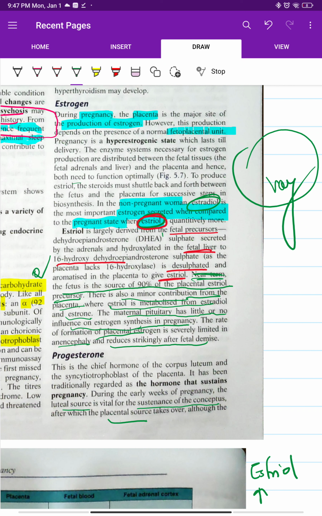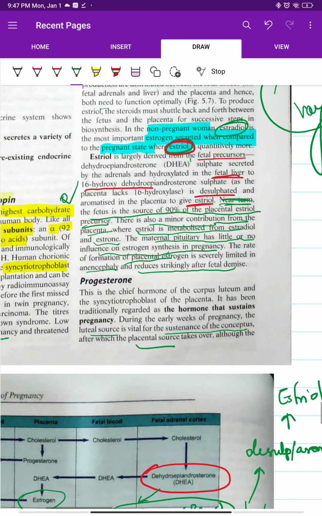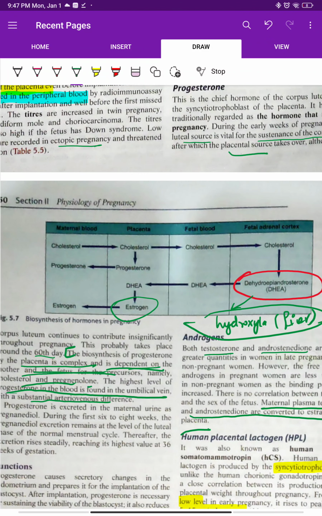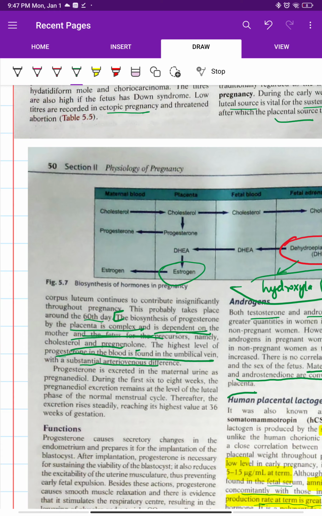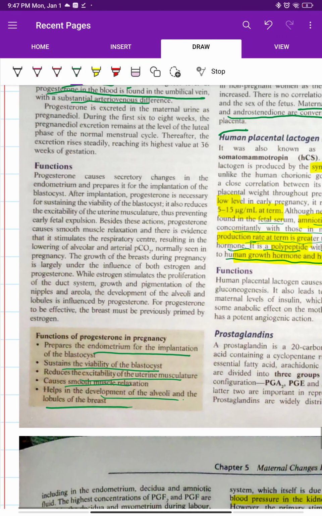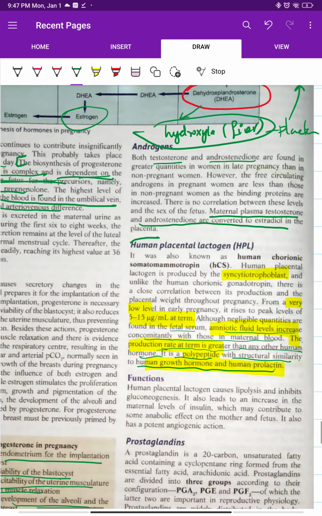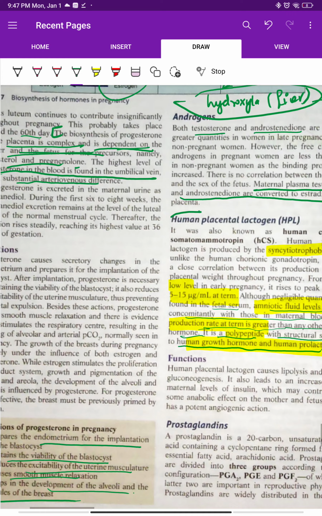Later on, after 6 to 8 weeks, the placenta, with the help of the corticosteroids, will start to secrete progesterone. Its main functions are endometrial implantation, viability of the blastocyst, reducing the excitability of the uterine musculature, causing smooth muscle relaxation, and development of alveoli and lobules of the breast. This is the most important thing.